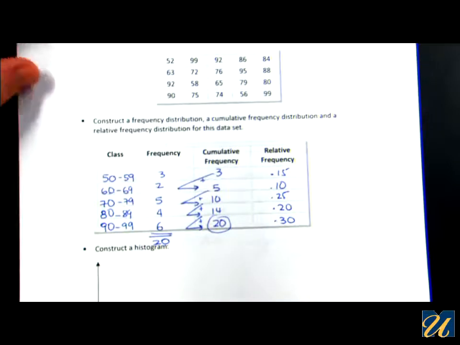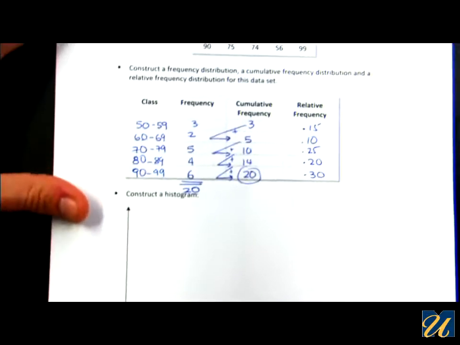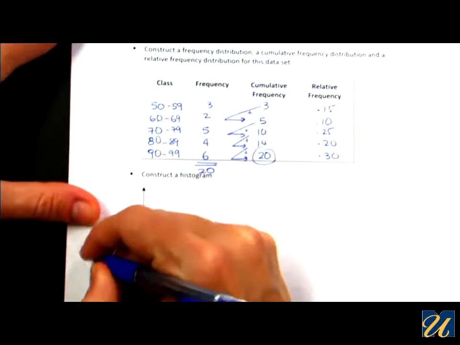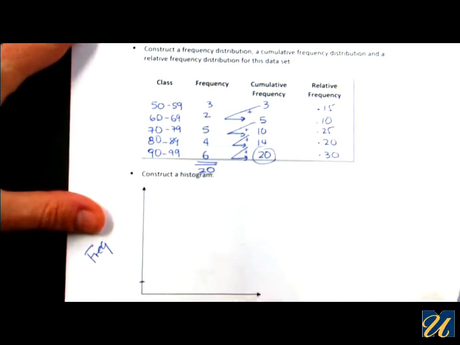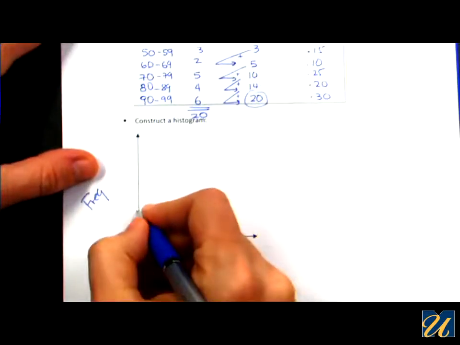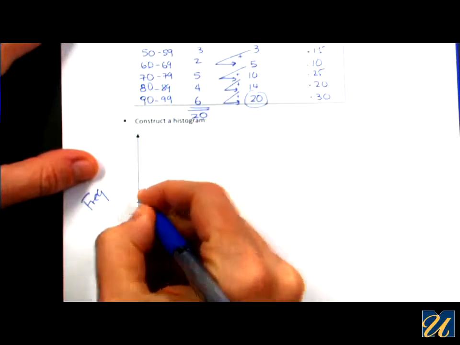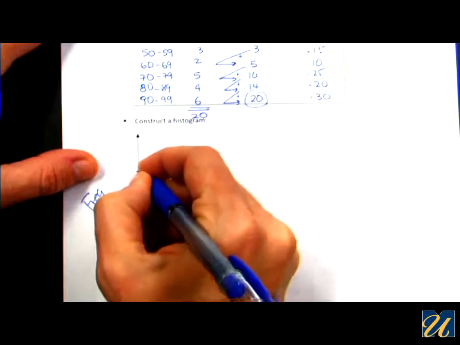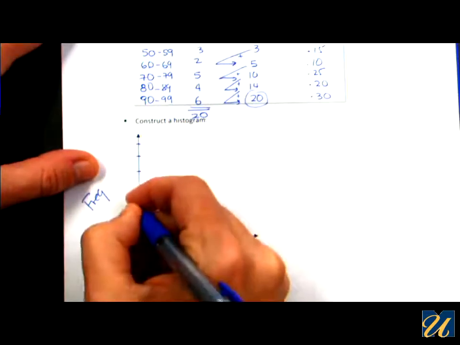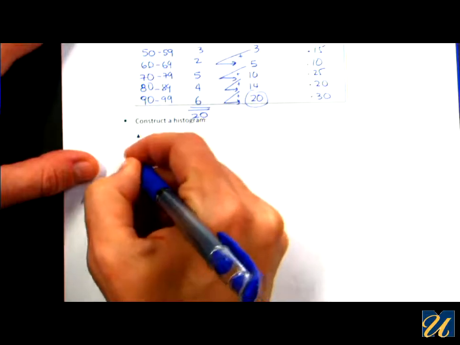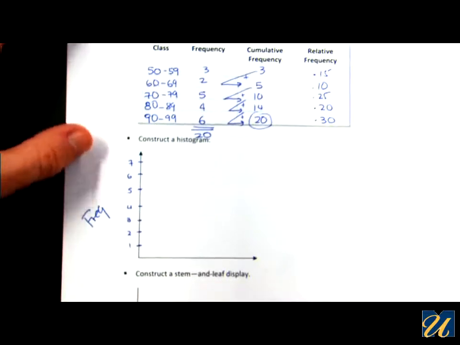Construct a histogram. If we were to use the frequency, once again, let's create a scale. You look at the range of the frequencies you have, and then based on that, you create the scale.